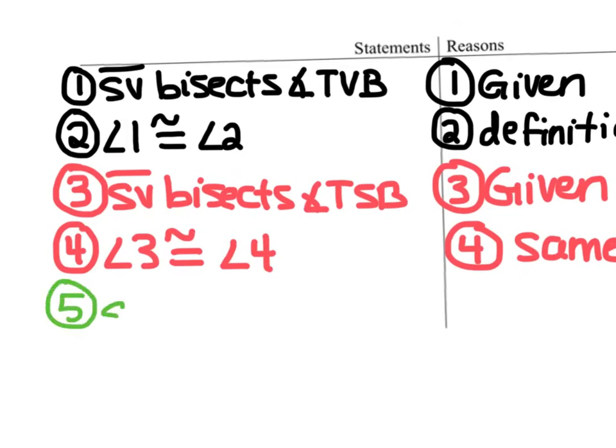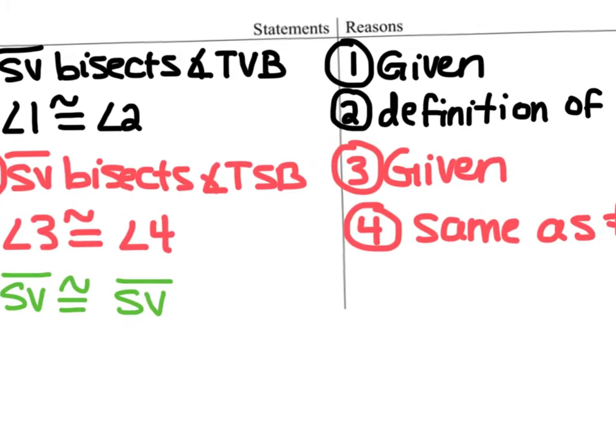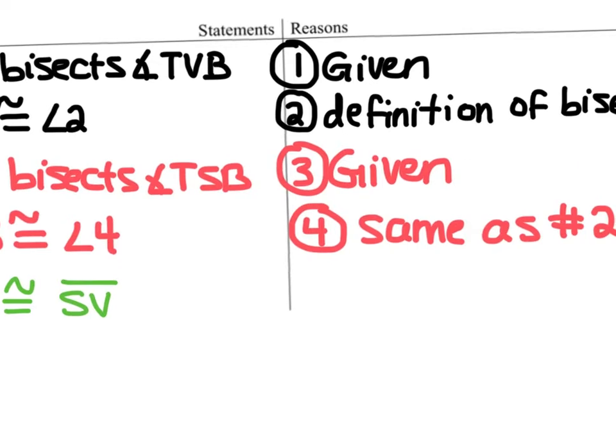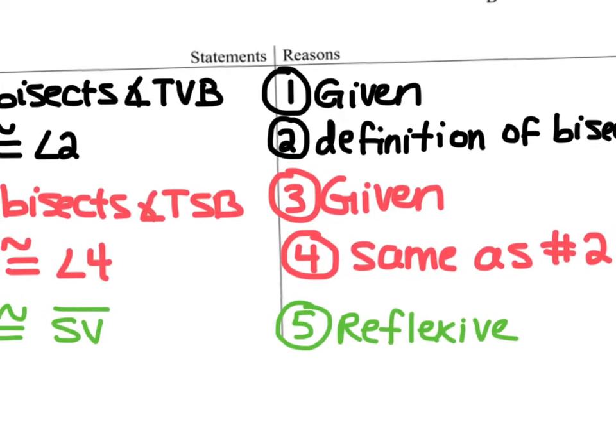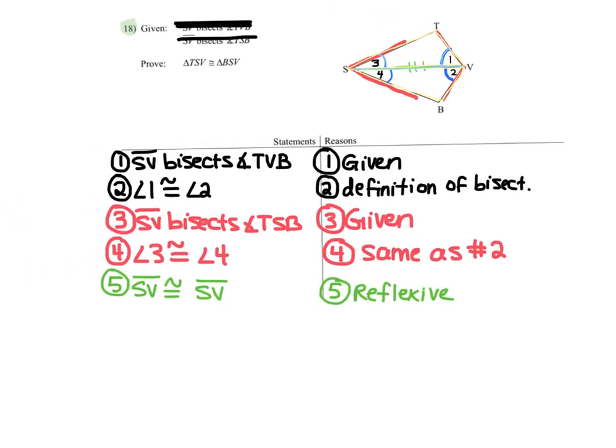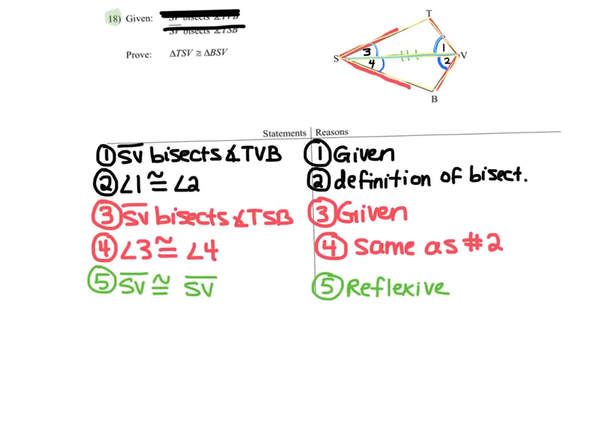Step 5 is going to be SV is congruent to itself. My reason is the reflexive property. And my final step is going to be to say that the triangles are congruent.